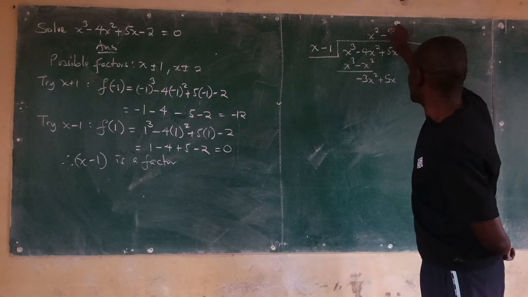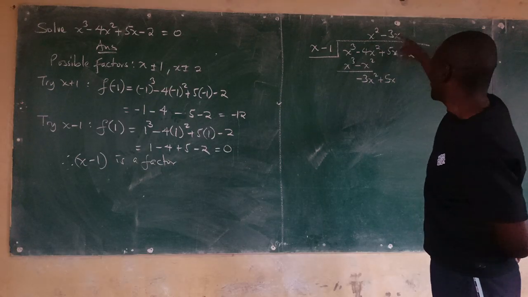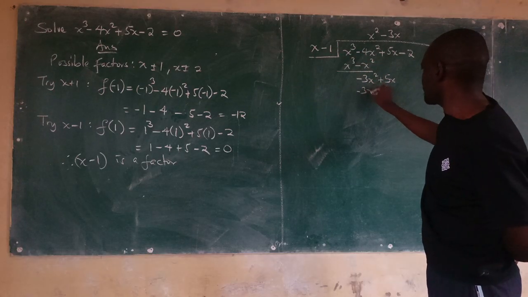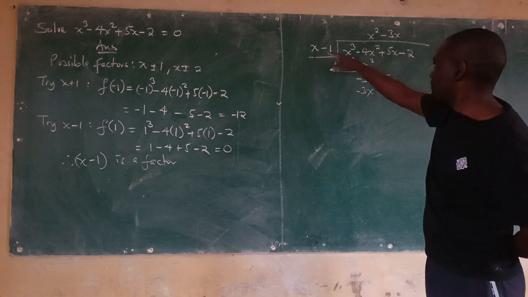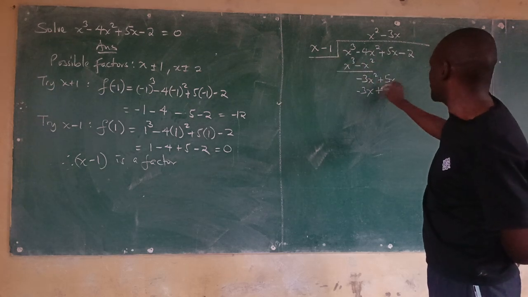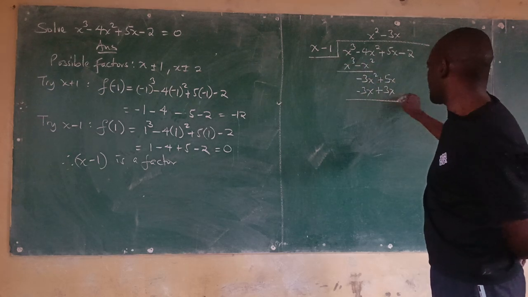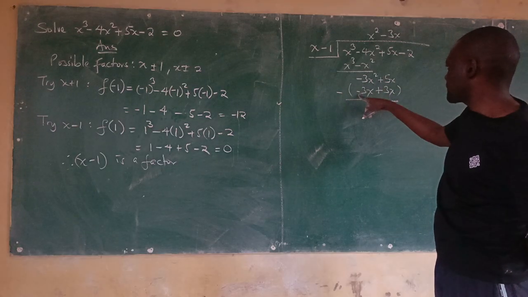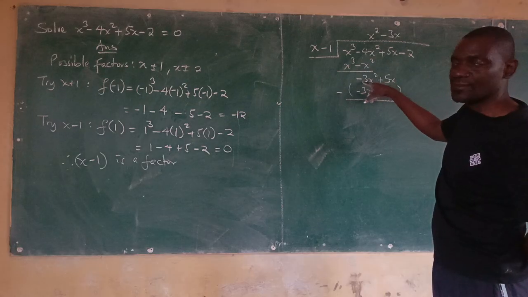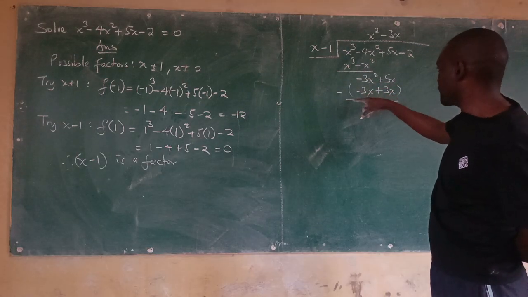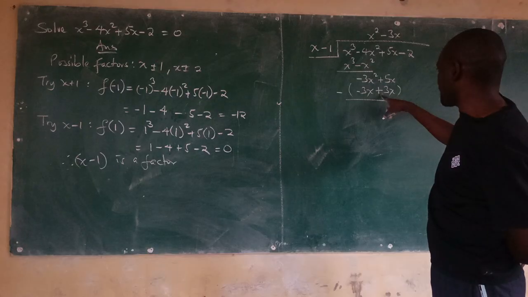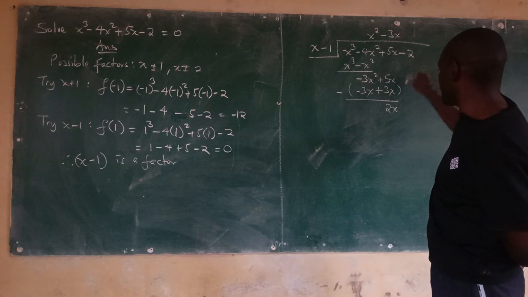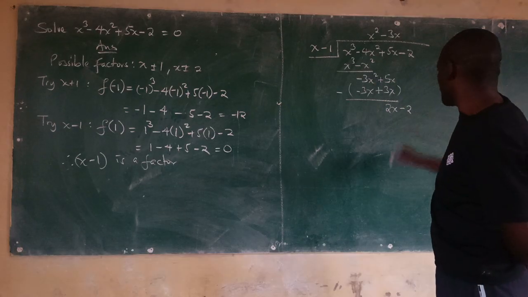Minus 3x times x is minus 3x squared, and minus 3x times minus 1 gives us positive 3x. Then we subtract, which gives us 0, and 2x. Then we bring down the minus 2.